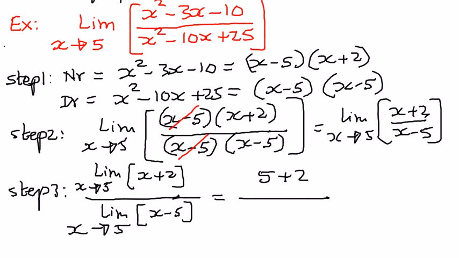We're going to substitute the value of x as equal to 5. 5 minus 5. When we simplify this math, the numerator part 5 plus 2 is equal to 7. The denominator part 5 minus 5 is equal to 0. So anytime we have a number divided by 0, it is going to be undefined. This is undefined.